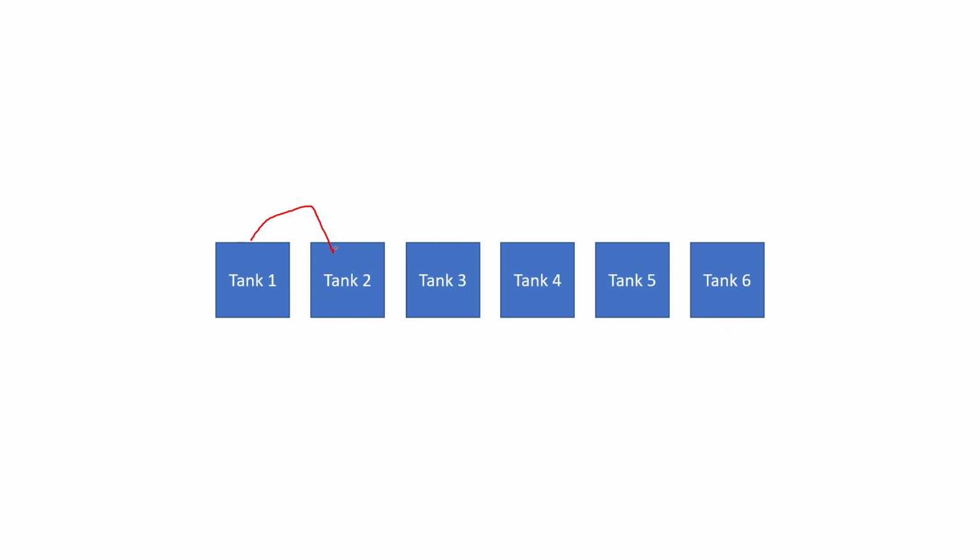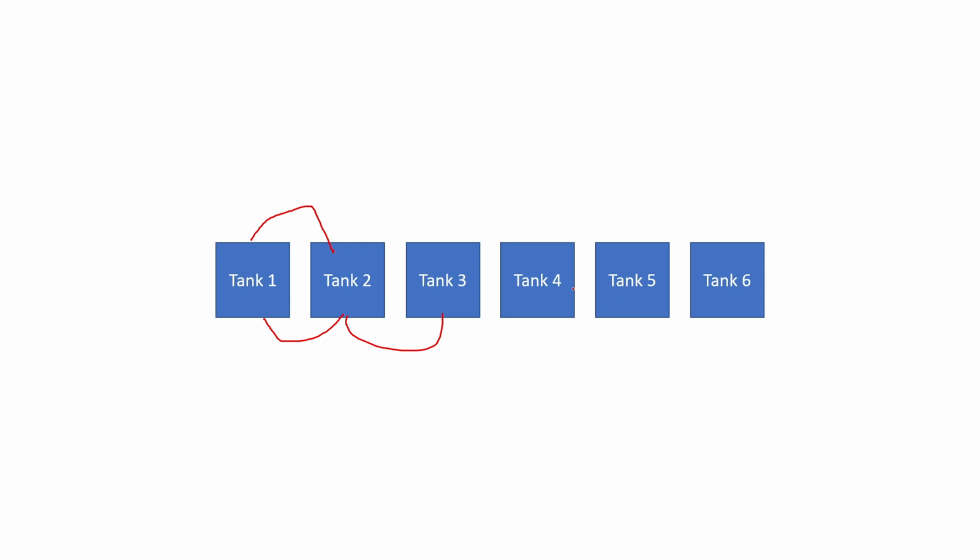Now for tank 2, it will consider tank 1 and tank 3, it will pump fuel into tank 1 and tank 3, based on how much fuel those tanks have and how much fuel tank 2 has. This continues across all the other tanks, until tank 6 only considers tank 5.